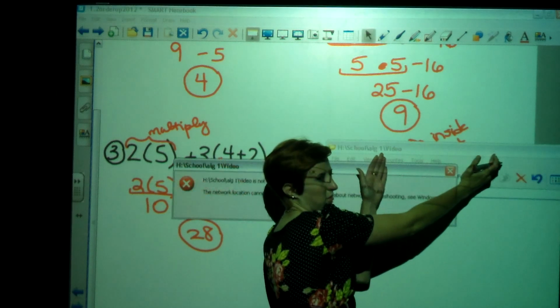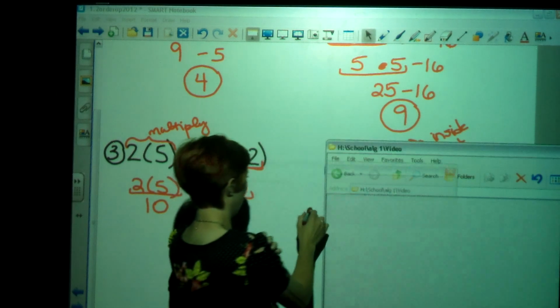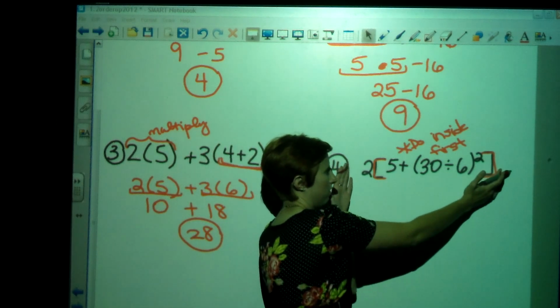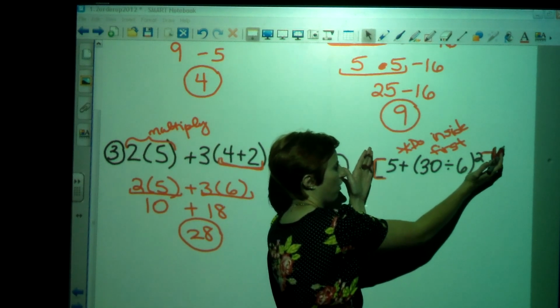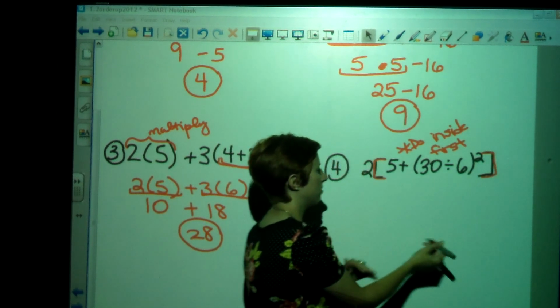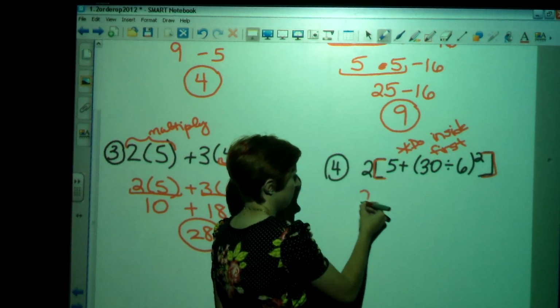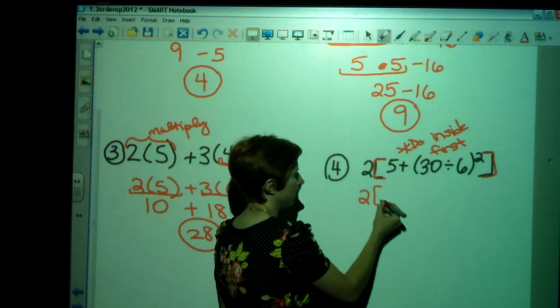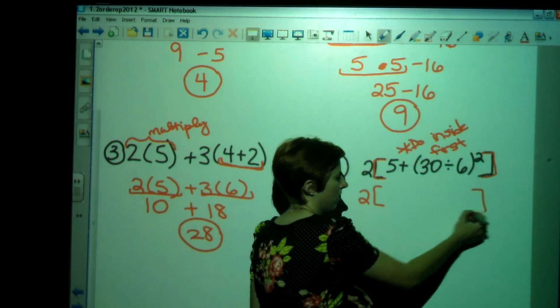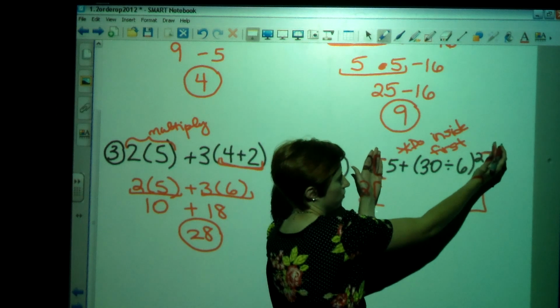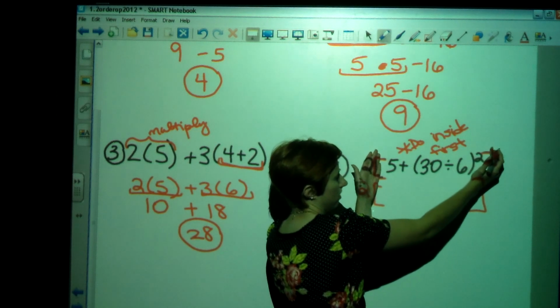So we kind of treat him like an expression. We need to figure out which one inside of the bracket we need to do first. So at the moment, we're not going to use our 2. I'm going to drop him down. I'm going to drop down my bracket because he's still there. I'm going to have to say inside this bracket, according to the order of operations, what would I do first?